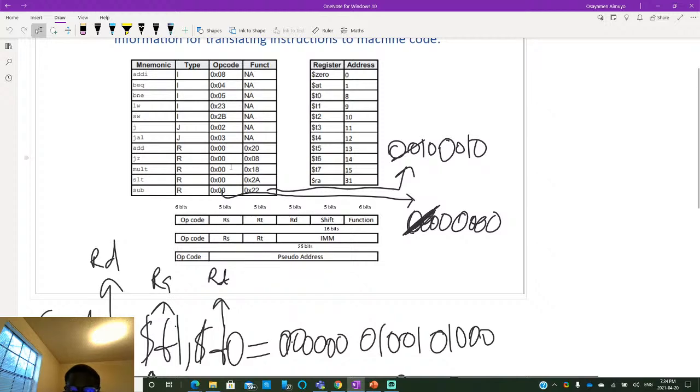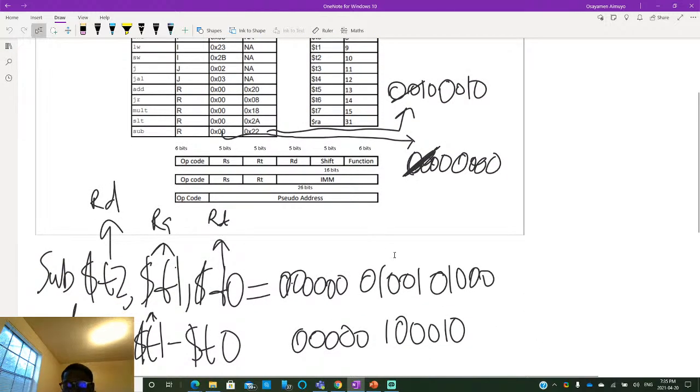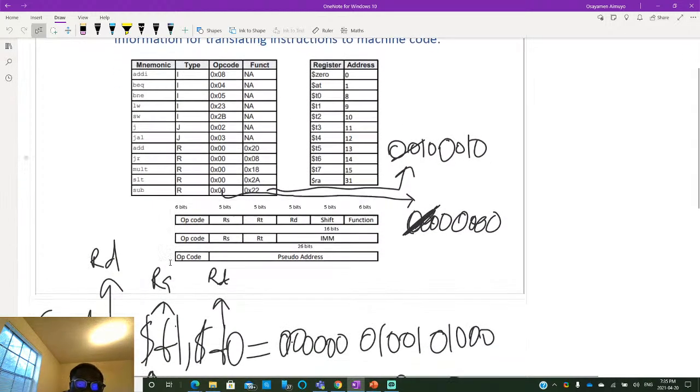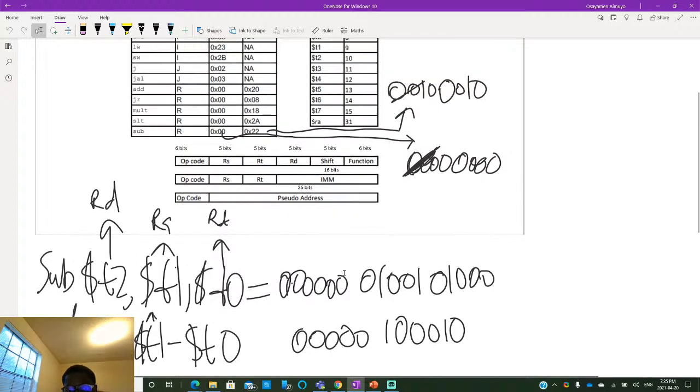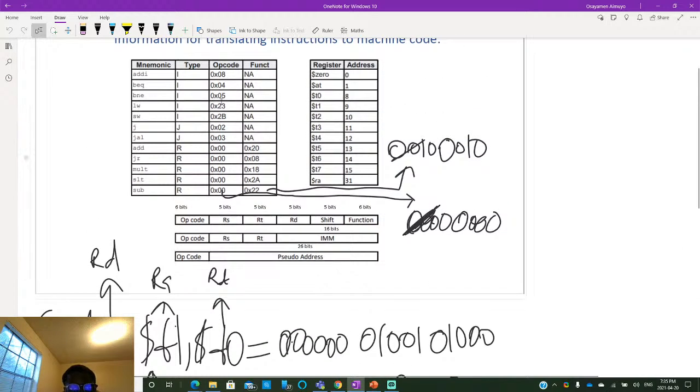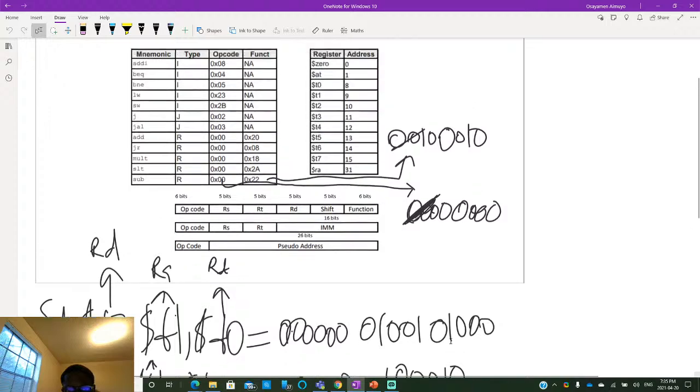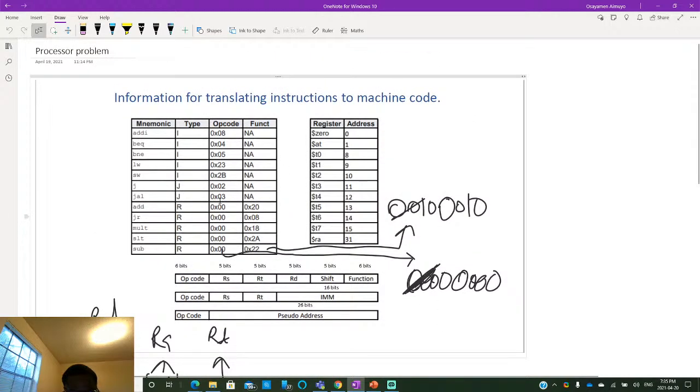Yeah, it's the same opcode, so that doesn't change. But then you just appropriately replace the destination register, source register, RT, and remember, shift for our purposes is all zeros.